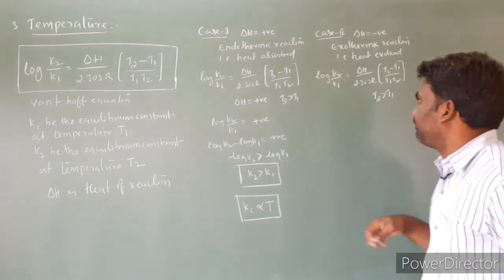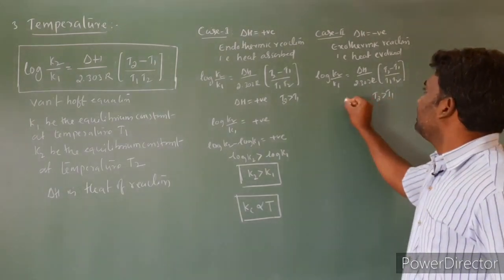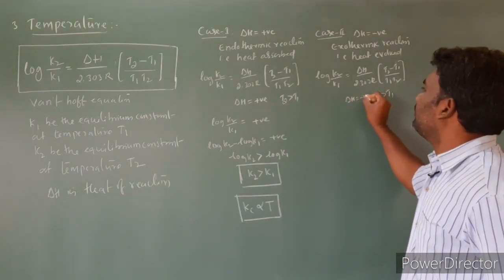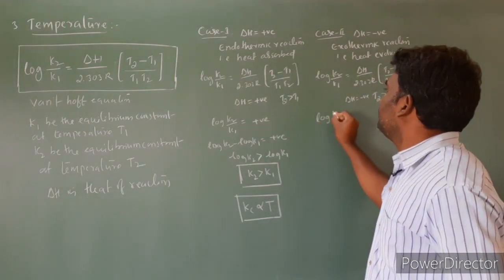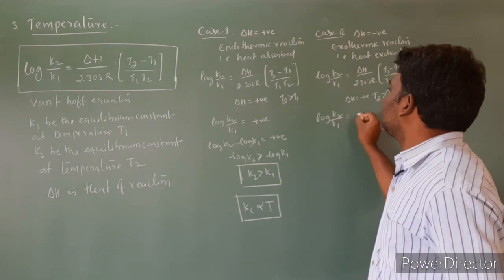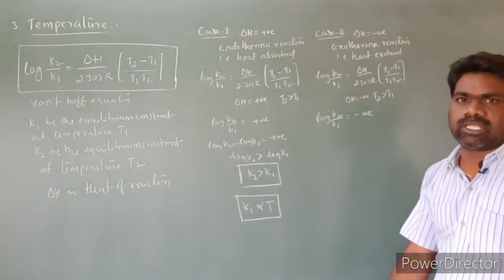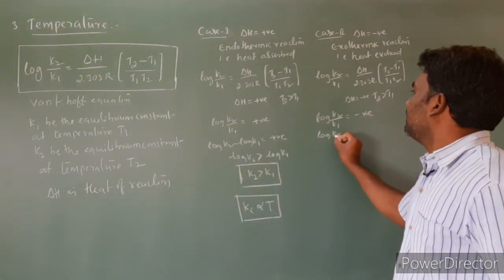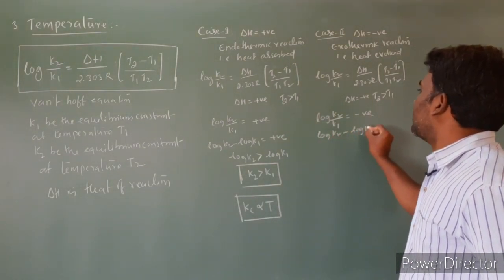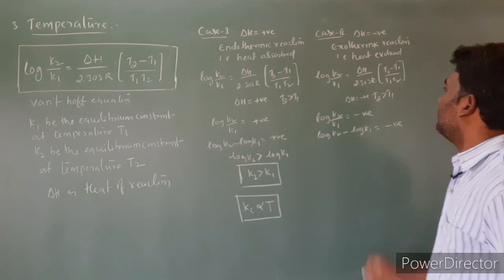Increases or decreases, we have to find. T2 is greater than T1 and delta H we took as negative, so the total term will become negative. So log K2 by K1 is equal to negative, then log K2 minus log K1 is equal to negative.